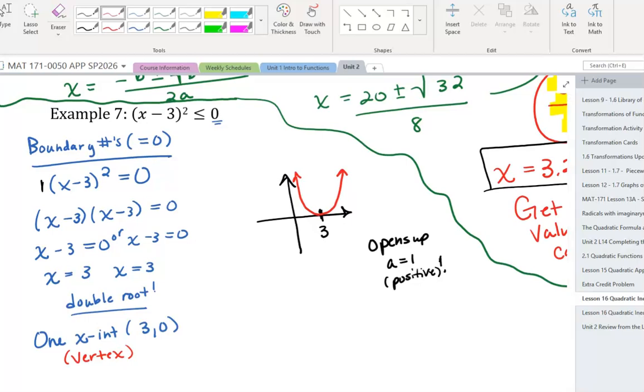Now, we want to know where this is less than or equal to 0. We know that it was equal to 0 when x is 3, so that's one solution. But if it's less than, we want to know where it's also below the x-axis.